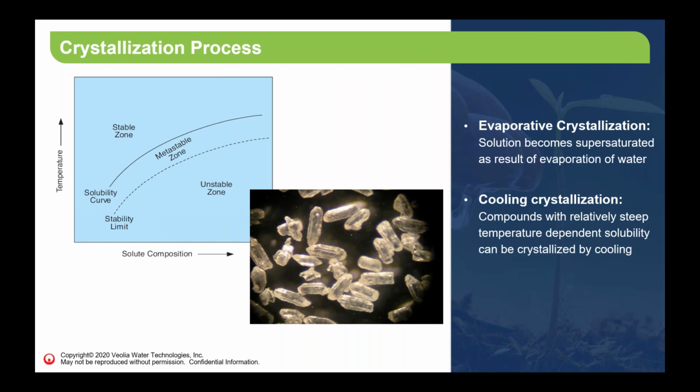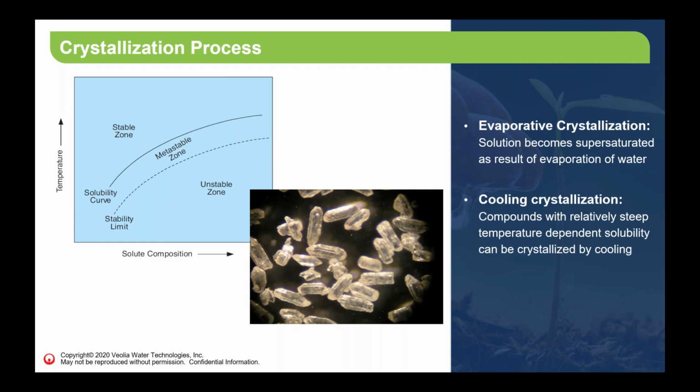When the solute is supersaturated, either by playing with temperature or composition so that we go below the solubility curve, we can get crystals. The crystals are produced from the solvent, or from water.